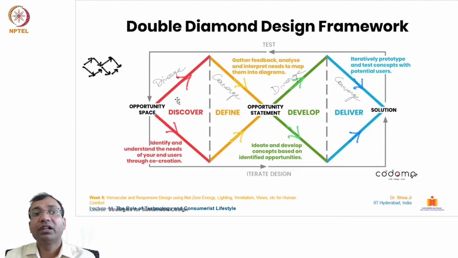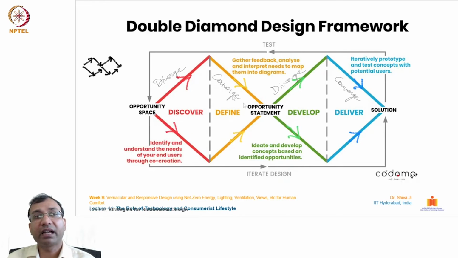You diverge, try understanding, gather the knowledge and understanding around it, and then you start refining and converging, and you come up with one very clearly defined problem statement. From here you again start diverging, to consider different concepts, different ways to deal with this situation, and finally you start converging to deliver the solution.